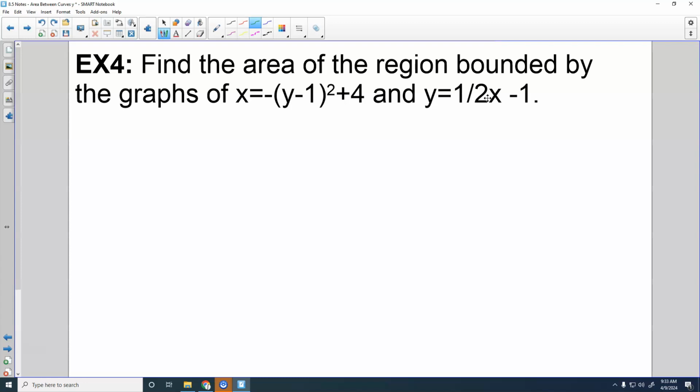The x equals or the y equals? Can we solve this one for y? Only if we take a square root of both sides and get a plus or minus, right? So that one's going to be hard to solve for y. This one, on the other hand, can be solved for x fairly easily because it's just a line, right? We can change it pretty easily.